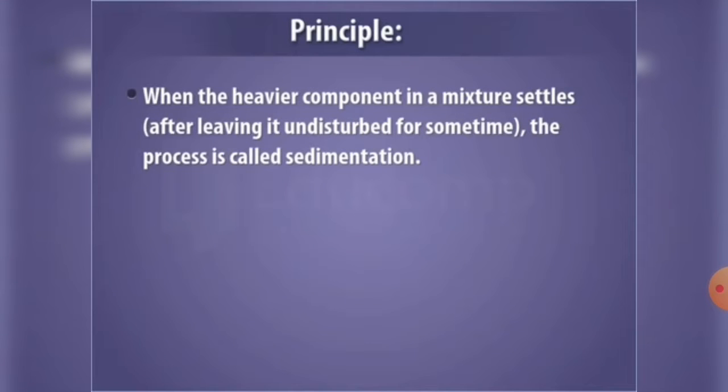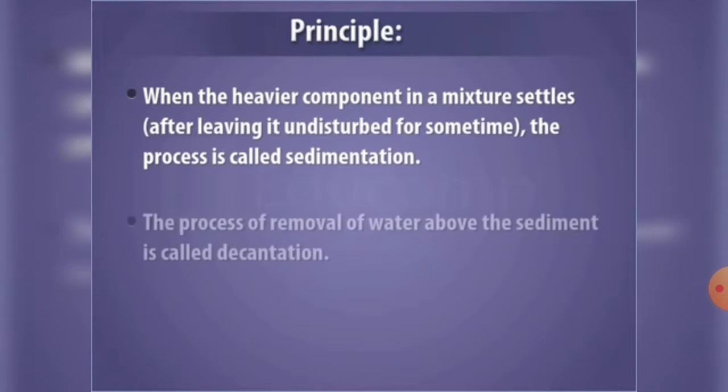When the heavier components in a mixture settle down after leaving it undisturbed for some time, that process is called sedimentation, and the heavy insoluble solid particles which settle at the bottom are called the sediment. The process of removal of water above the sediment is called decantation.